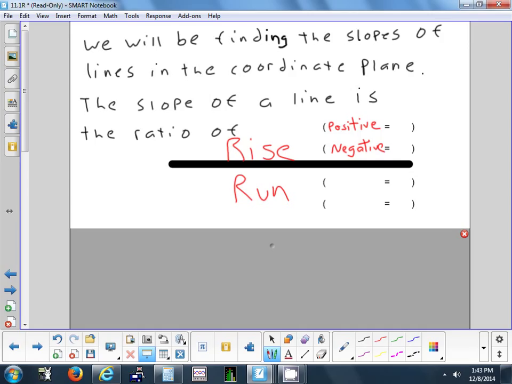So anybody want to take a guess? If the number on the top is positive and it's the rise, what direction do I want to go? Up, right? So all I'm going to do, you can write up if you want, or just put an arrow pointing up. So if the rise, the top number is positive, I want to go up.